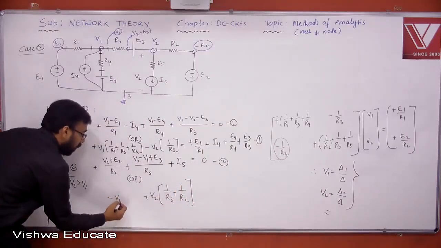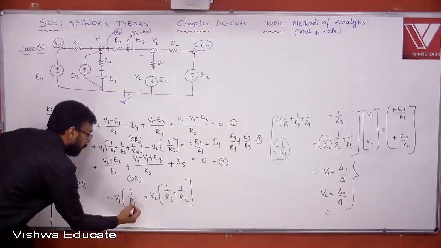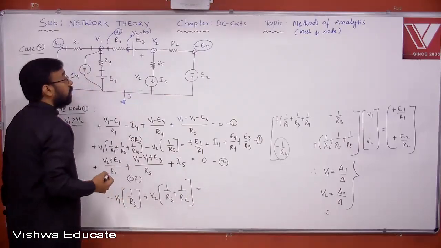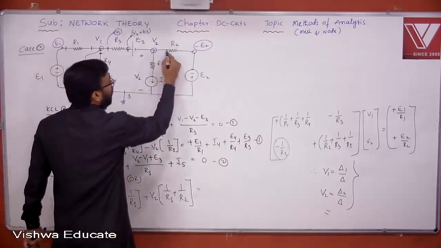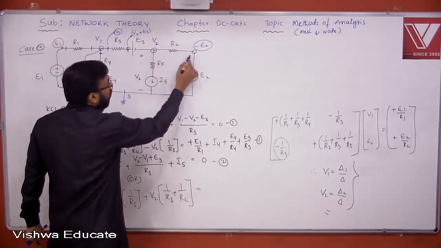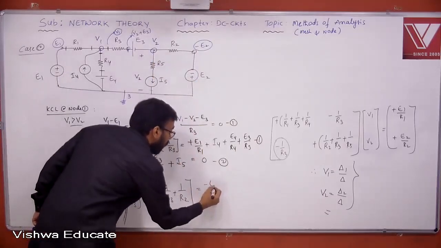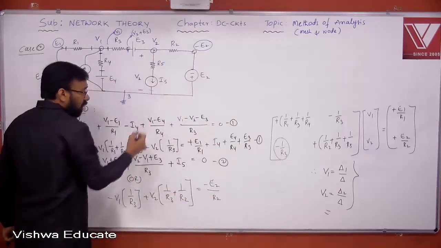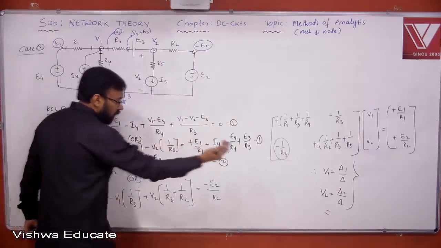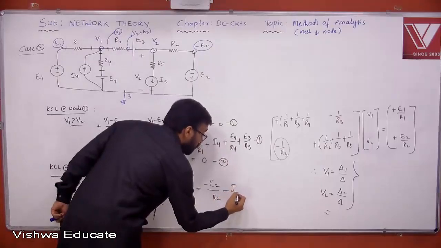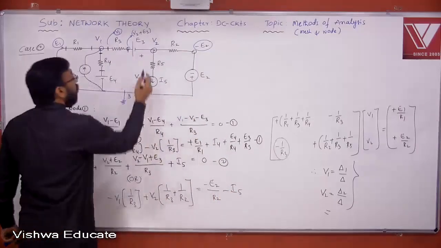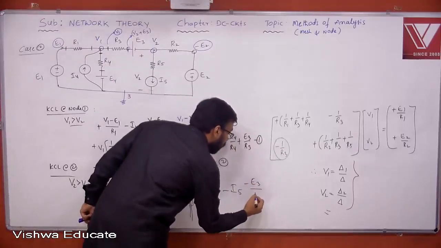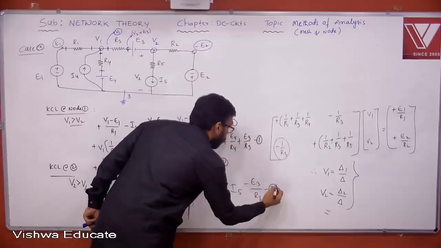Minus V1 of 1 by R3 is equal to, yes or no? You're touching negative sign first. Current is leaving, touching negative sign. Minus E2 by R2. This is the leaving current. Usually positive this side, but outside when you send, minus. You must remember it. Touching negative sign first, minus E3 by R3. This is the second equation.